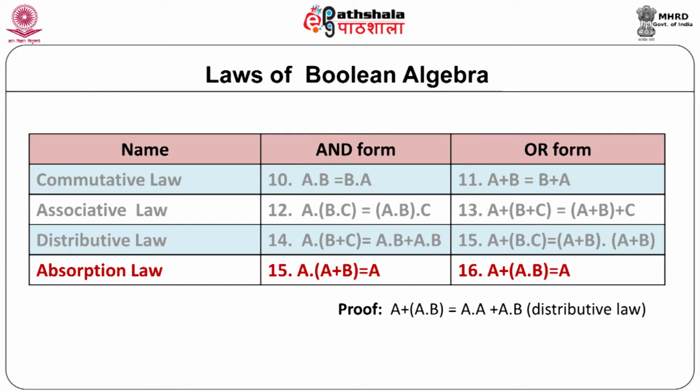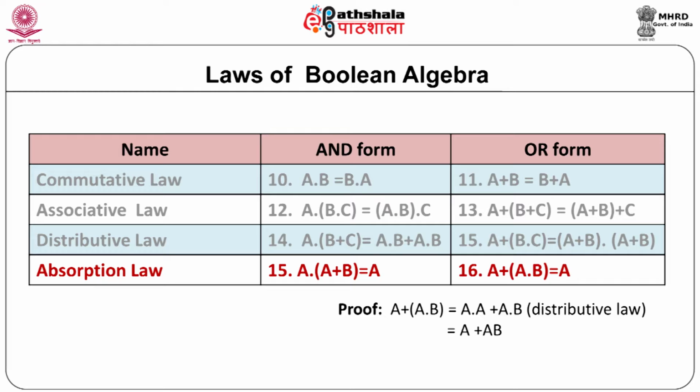Let us prove the absorption law in OR form. A OR with (A AND B) is equal to (A AND A) plus (A AND B). This is the distributive law.